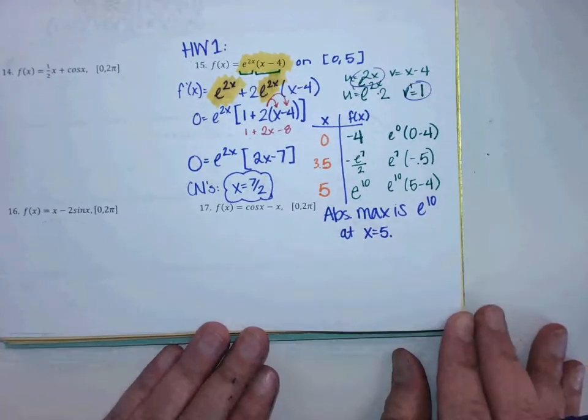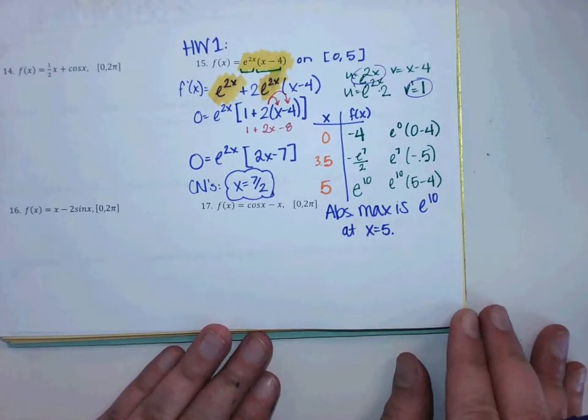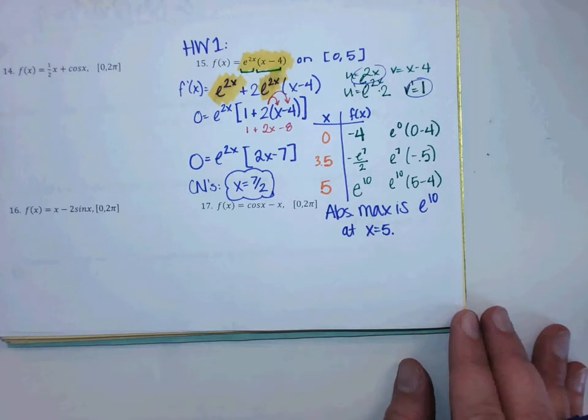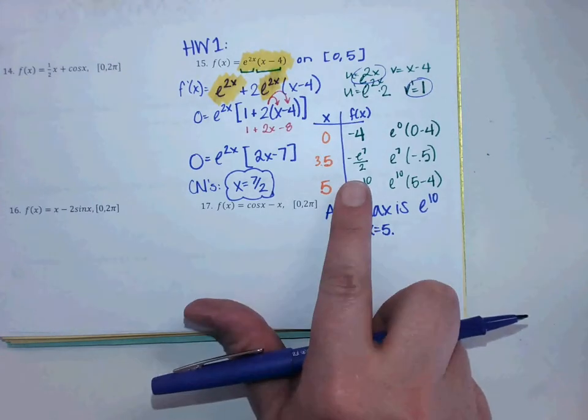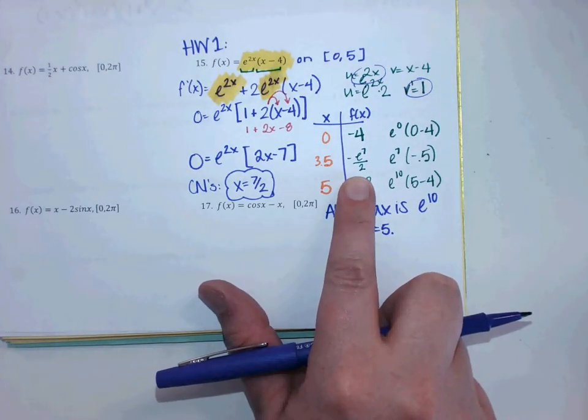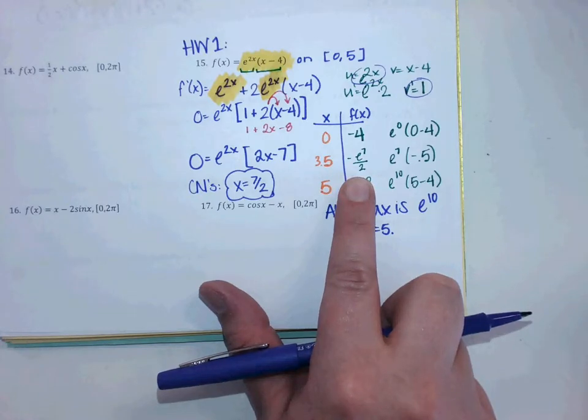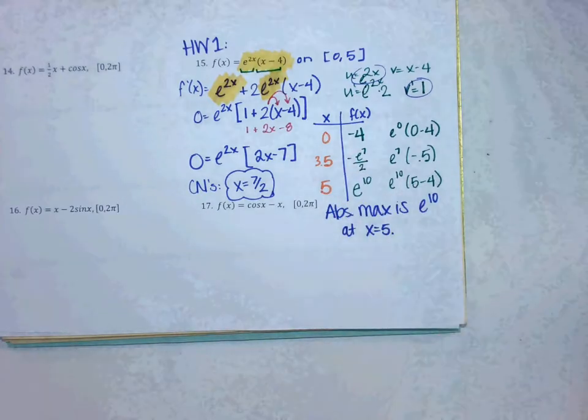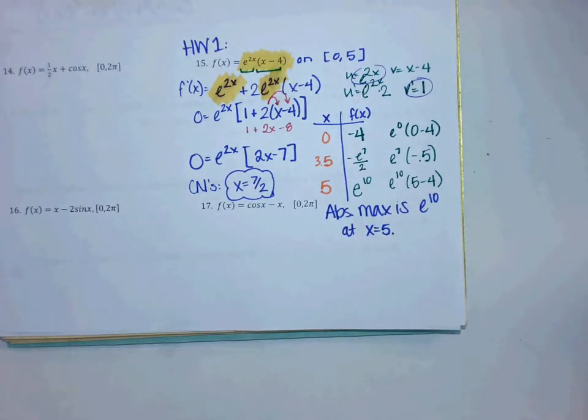Then what would I say for my absolute min? Well, I had 2 negatives. So you have two choices. You could type this into the calculator and see what it comes out to be. But you should be able to figure out which of these is smaller just based on estimating. What whole number is e pretty close to? 2. It's like 2 point something, right?